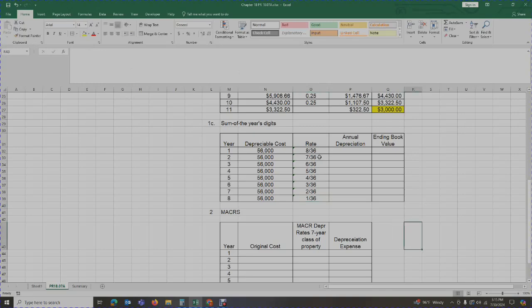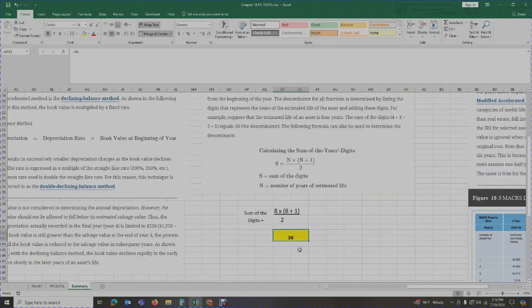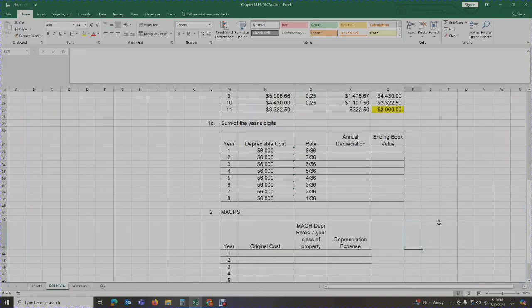The rate should be the number of years pending from year 1 going down divided by the sum of years, which is 36, which we calculated using the sum of the years digits formula. Remember, if you do the calculation, make sure that you copy the right number. If not, everything will be wrong.